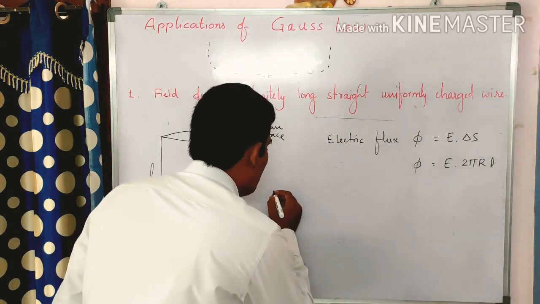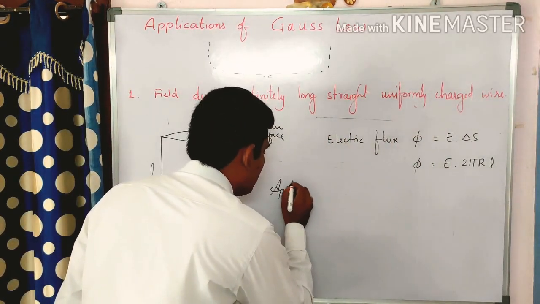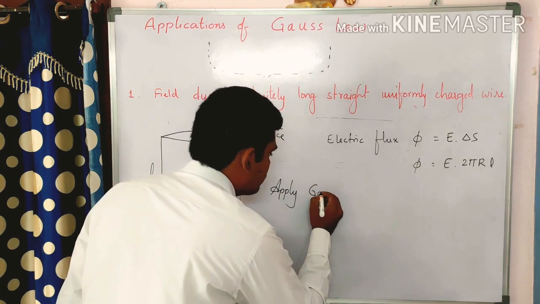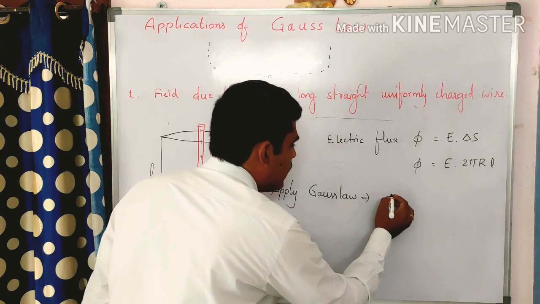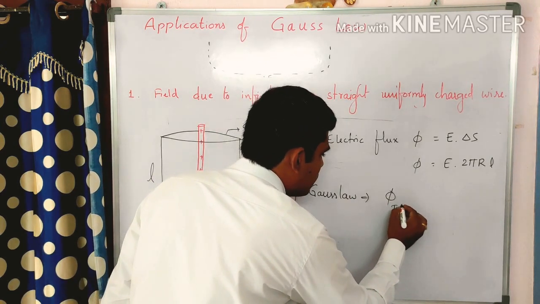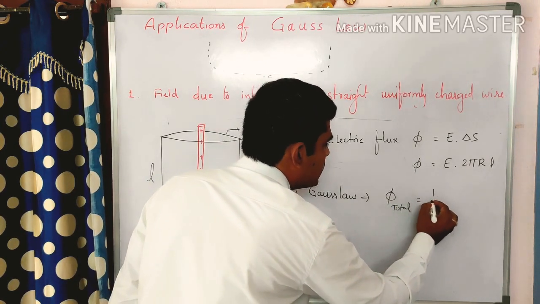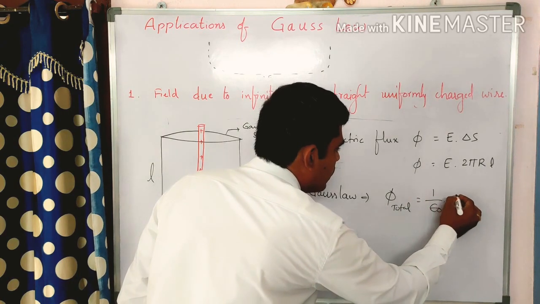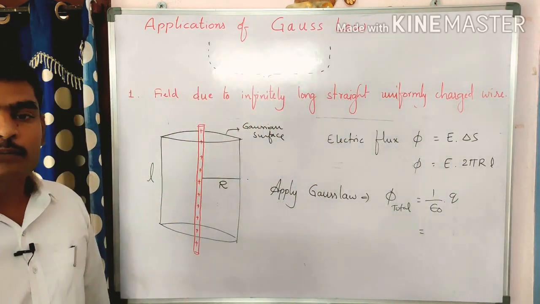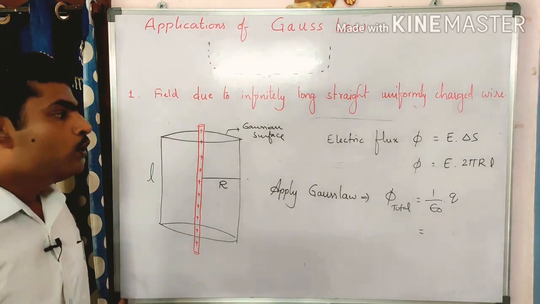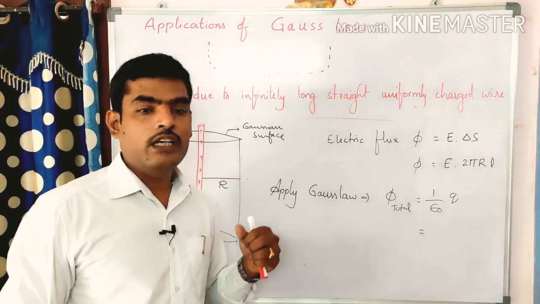Now we will apply the Gauss law. What is Gauss law? The total flux is equal to 1 by epsilon naught times the charge. Now we have to apply our previous knowledge.